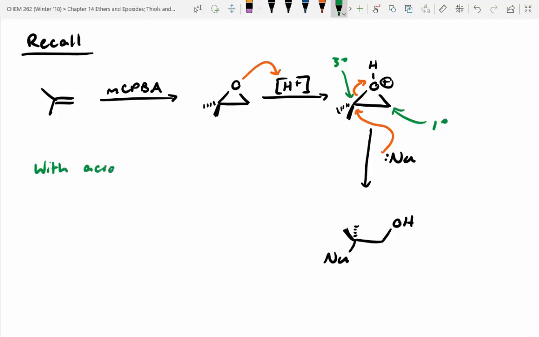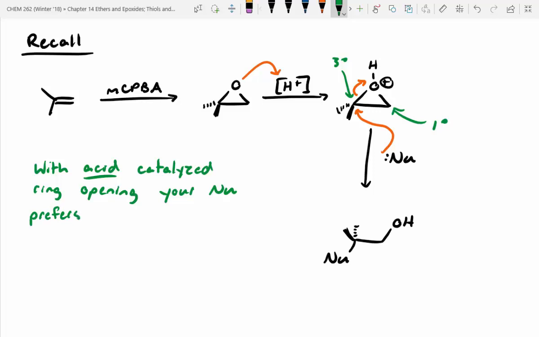With acid-catalyzed ring openings, your nucleophile prefers to attack tertiary carbons if available.